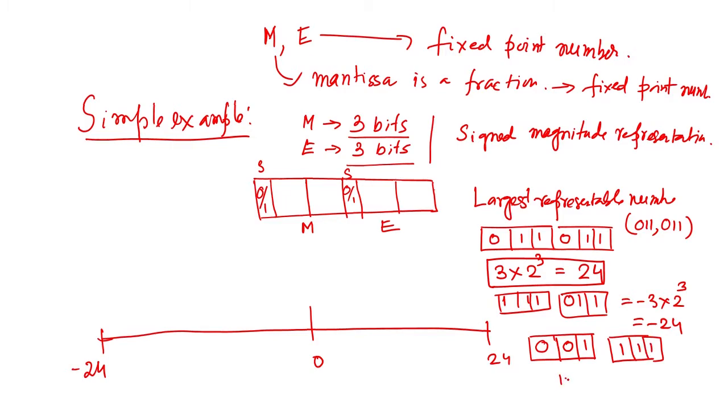So this will be 1 into 2 to the power minus 3, that means 1 by 8. What is the value of 1 by 8? It will be 0.125. So the least representable positive number will be 0.125.